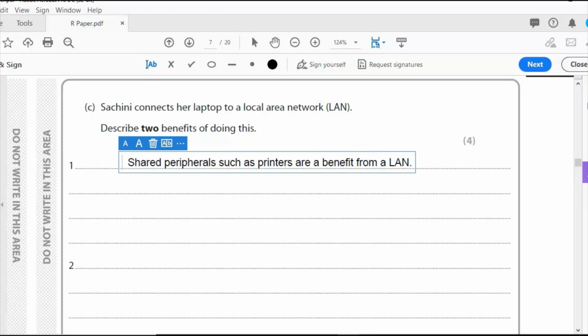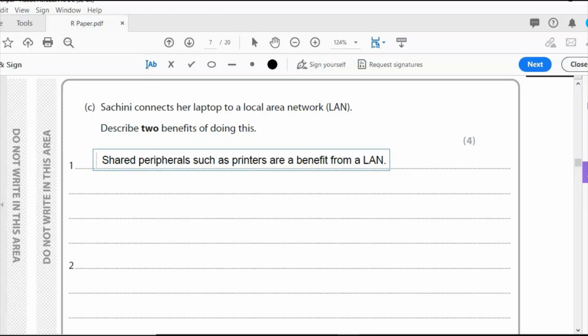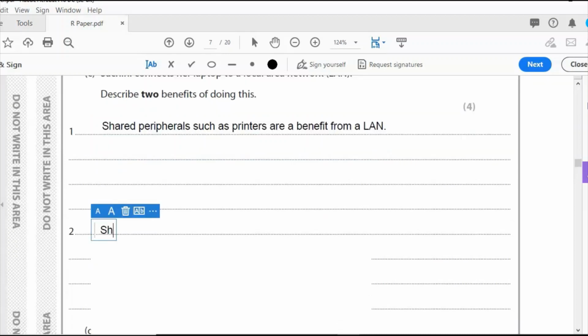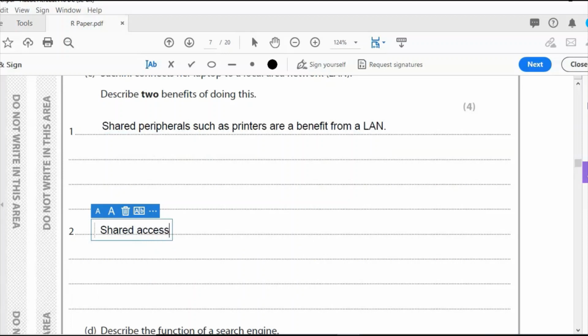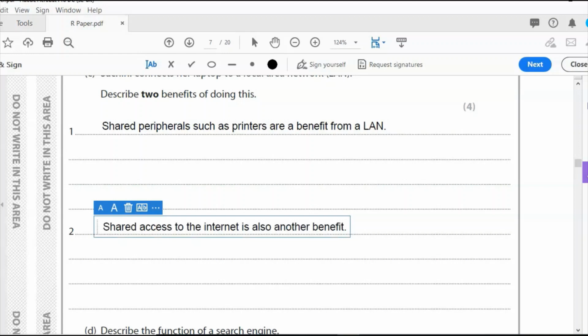So shared peripherals such as printers are a benefit from a LAN. Shared access to the internet. You could also have flexible access, hot desking, and you can have shared data as well.